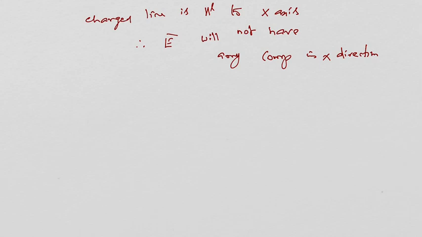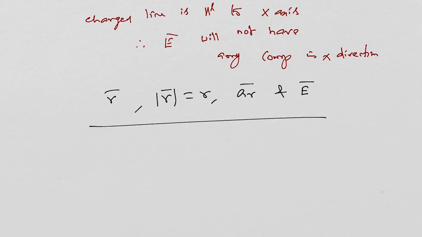Hence, don't consider X during calculation of vector R, magnitude of R, AR. Because the problem has to be ultimately solved using computation of R, computation of magnitude of R, and of course AR, and finally they have to be substituted into E. This is the sequence.